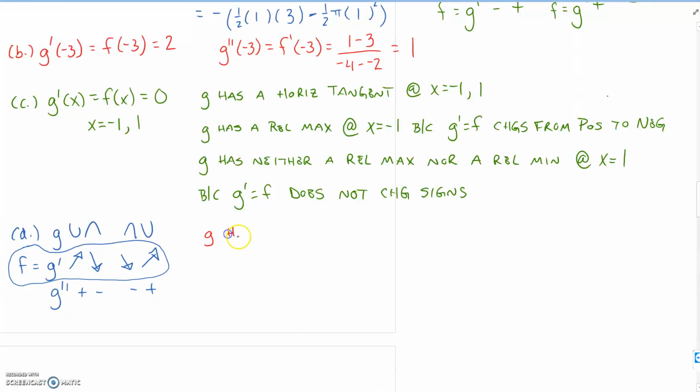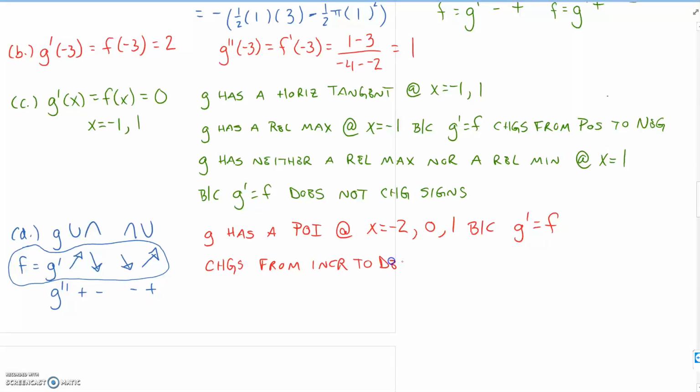G has a point of inflection at x equals -2, 0, and 1 because g prime, which is f, changes from increasing to decreasing or decreasing to increasing.